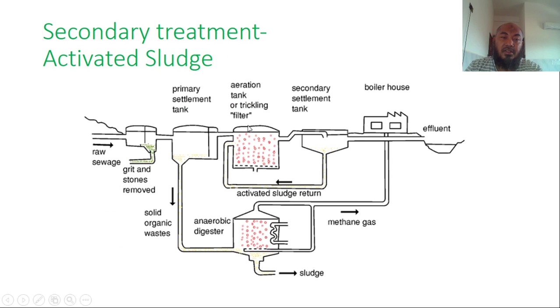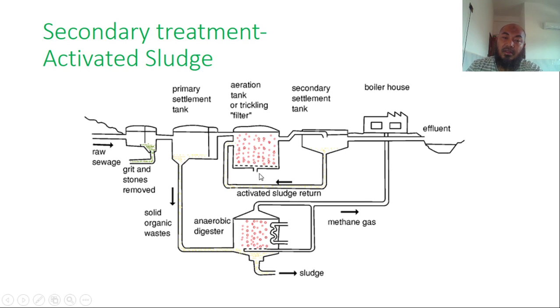Activated sludge, you can see here. The sludge comes from primary treatment, and then we go to the primary settling tank. From the primary settling tank, we go to the aeration tank.